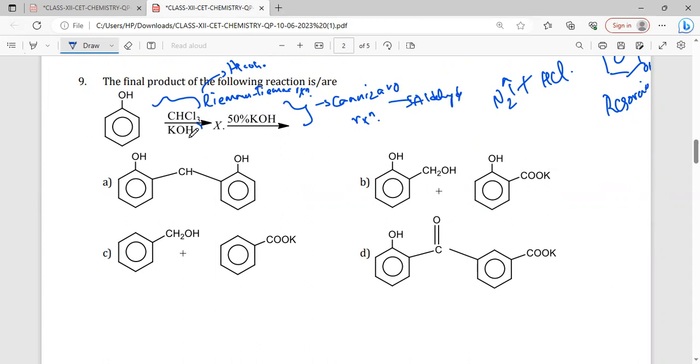Right? So now what happens when you treat phenol with potassium hydroxide and CHCl3? You'll be getting salicylaldehyde, right?